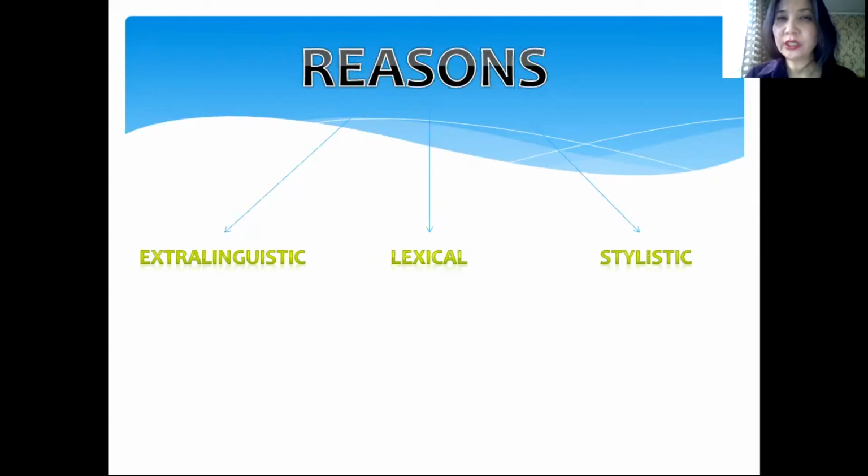The next reason is lexical. Here we say about a lack of one word equivalent in the target language and culture. For example, the English word exposure cannot be translated into Russian through one word.